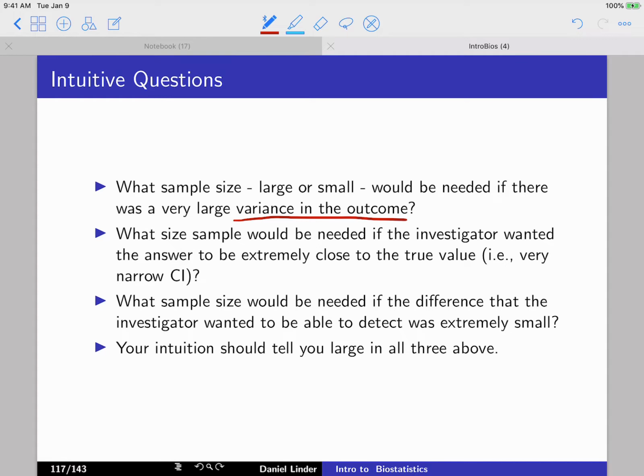Would your study be able to detect this difference of just 5%? Your intuition should tell you that in all three of those cases, it's going to require a larger sample size.